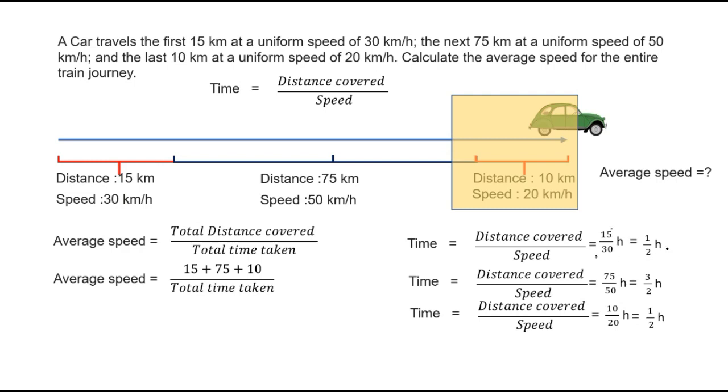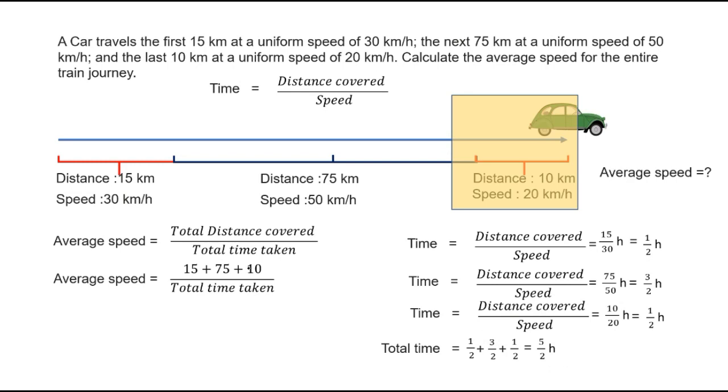So 15 by 30 is 1 by 2 hour. 75 by 50 is, 25 2s are 50, 25 3s are 75, so it becomes 3 by 2, and this becomes 1 by 2 hours. So all that we have to add. The total time is 1 by 2 plus 3 by 2 plus 1 by 2. Since the denominator is the same, we can straightaway go for 3 plus 1 is equal to 5 by 2 hours, right?